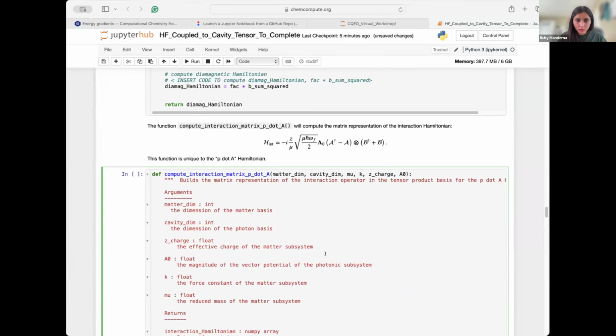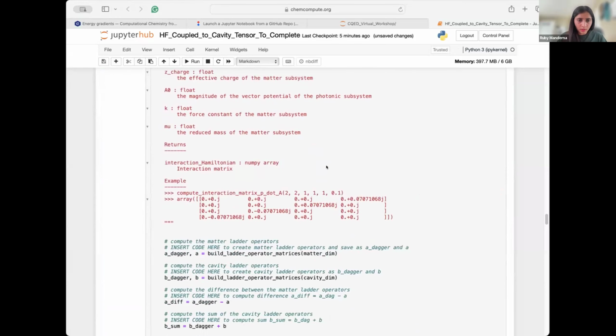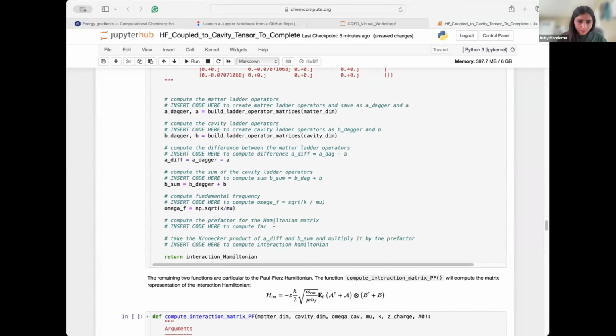Now we will compute this prefactor first, and then we'll simply do the dot product.